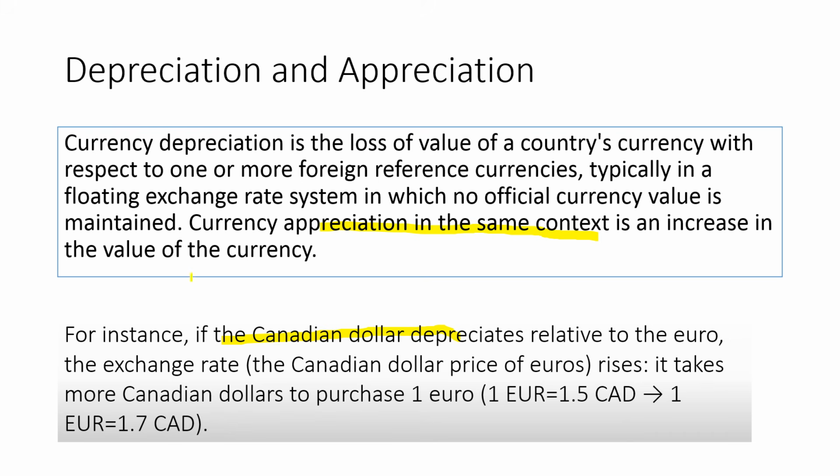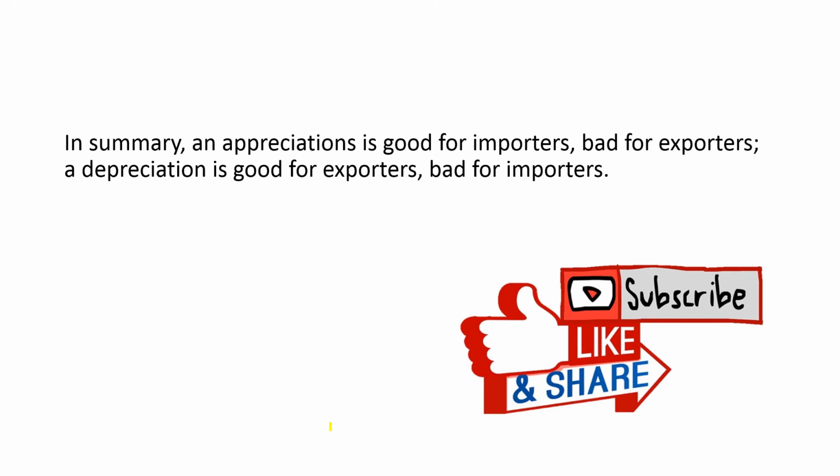Do you get what the concept is? And that's what it basically means. In summary, an appreciation is good for importers, bad for exporters. A depreciation is good for exporters and bad for importers.